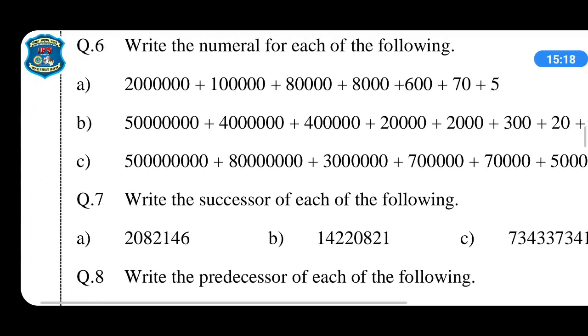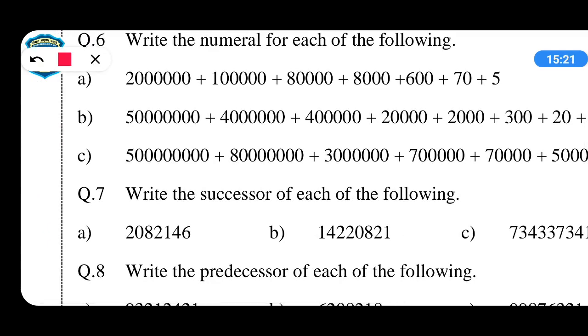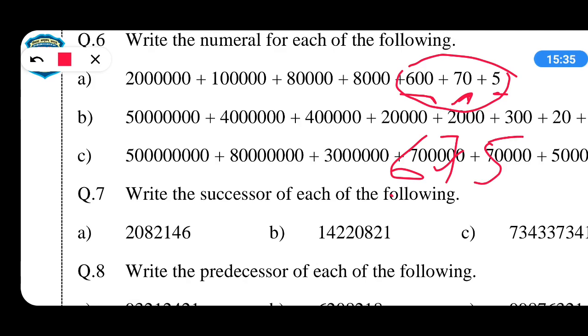See, 5 is on ones place, 7 is on tens, 70, 600, that is 6 is on 100 place, so it is 675, right? Now 8 is on 1000, this 80 is on 10,000, so it is 88,000, right?